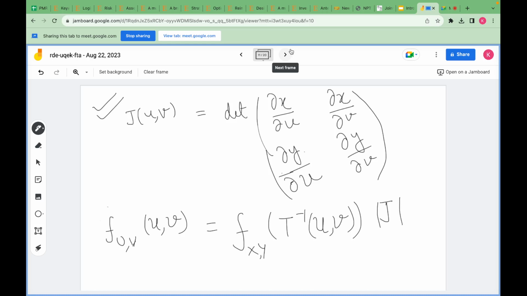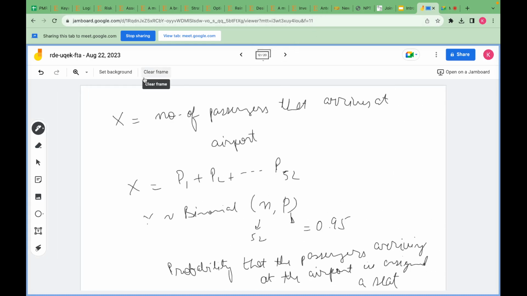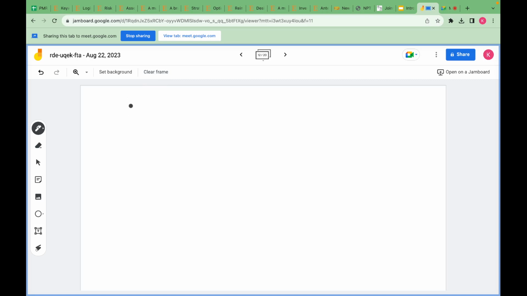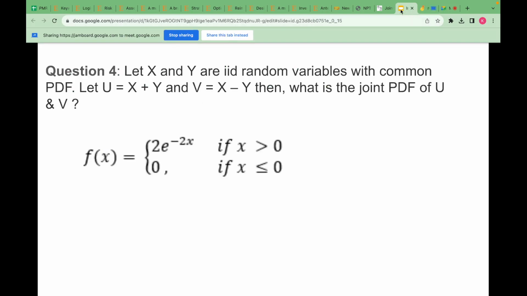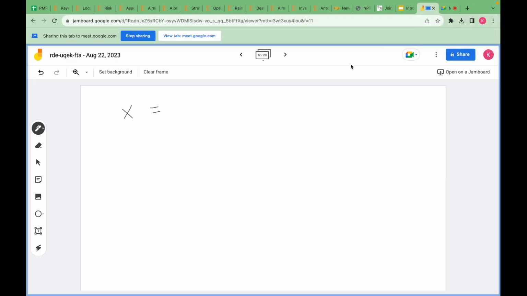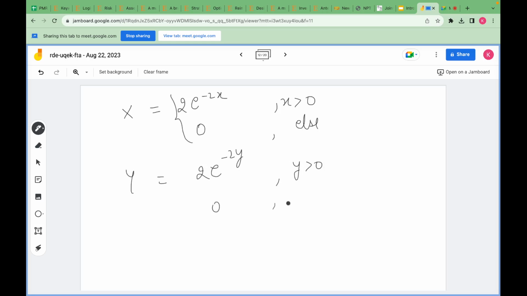So in that question, x is given as an exponential distribution function, which is 2e to the power minus 2x when x is greater than 0, and it is 0 elsewhere. Similarly, y is also 2e to the power minus 2y, 0 elsewhere.